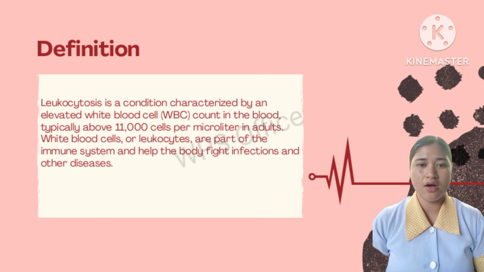Nais ko lang klaruhin na ang leukocytosis is not a disease itself, but rather a sign that the body is responding to various stimuli, such as infections, inflammation, stress, trauma, or certain medical conditions like leukemia. So, pag naranasan ito ng ating katawan, magkakaroon ng pag-increase ng ating WBC na tinatawag na leukocytosis.